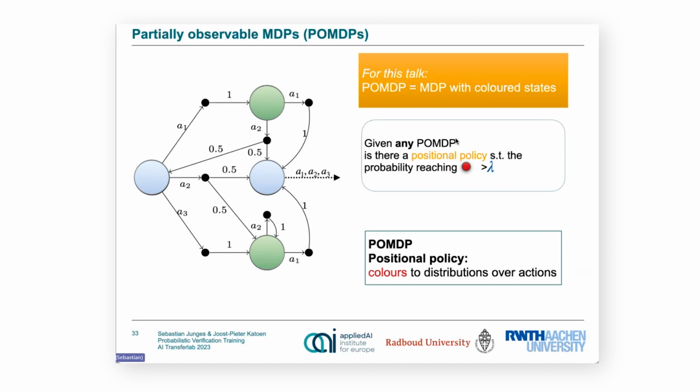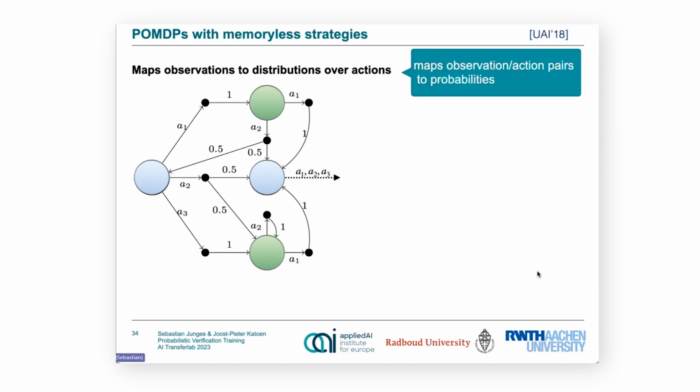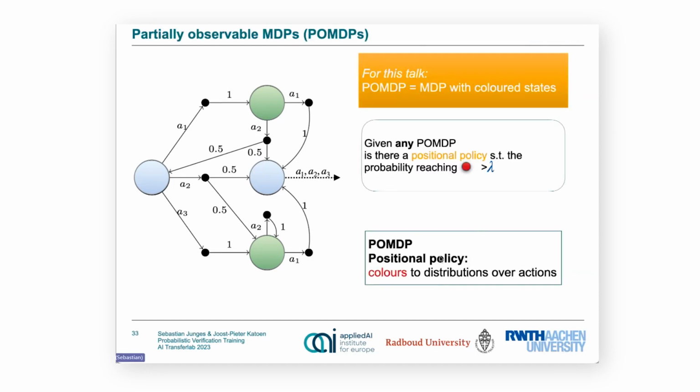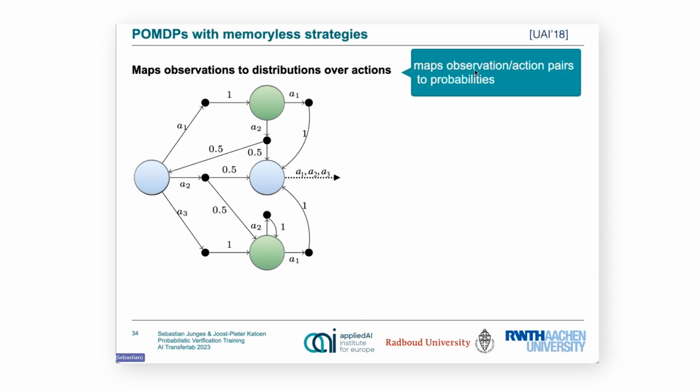If this is the notion of a POMDP, and we are looking at a positional policy, then what we're looking for is a mapping from colors to distributions over actions. Now, let me rephrase that. Instead of mapping colors to distributions over actions, we're going to map a pair of an observation and an action to a probability.